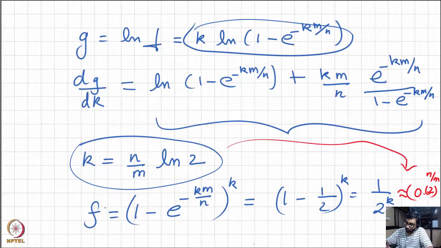From a designer's point of view, this expression is very nice because we can now use it to optimize the parameters that we care about. So for example, let's say f, the probability of false positives, gets fixed down to something like 1 or 2%, and let's also say that the number of hash functions we have at our disposal is some number, say 10.